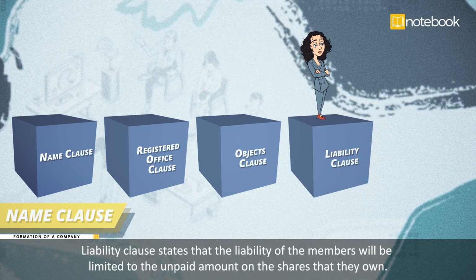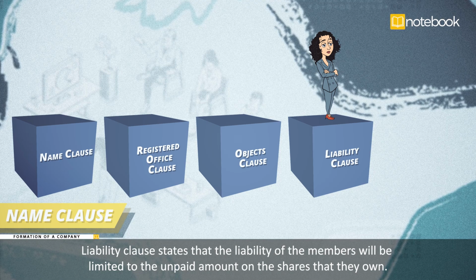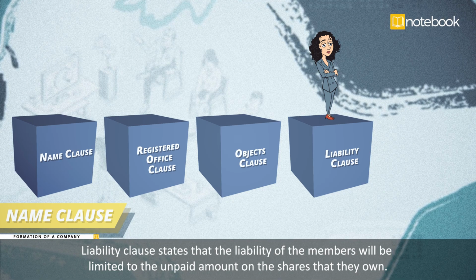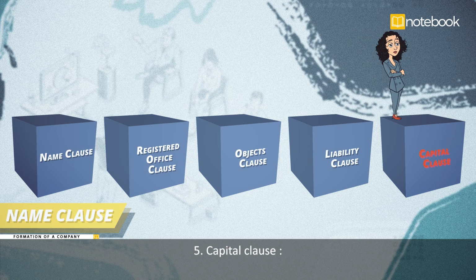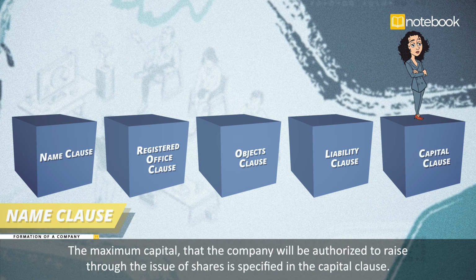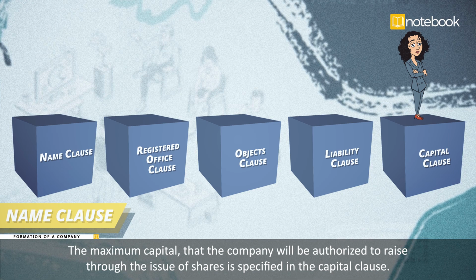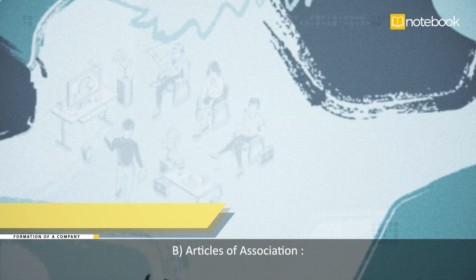Liability clause. The liability clause states that the liability of the members will be limited to the unpaid amount on the shares that they own. Capital clause. The maximum capital that the company will be authorized to raise through the issue of shares is specified in the capital clause.